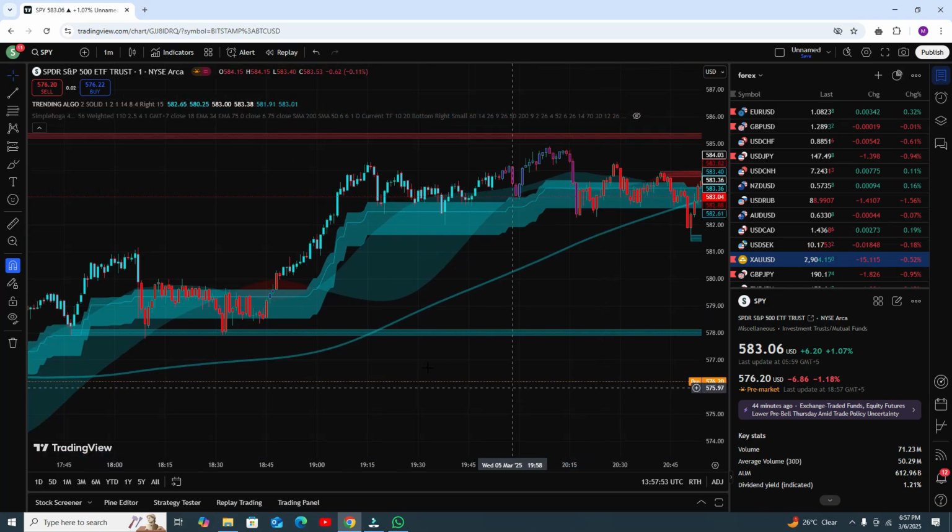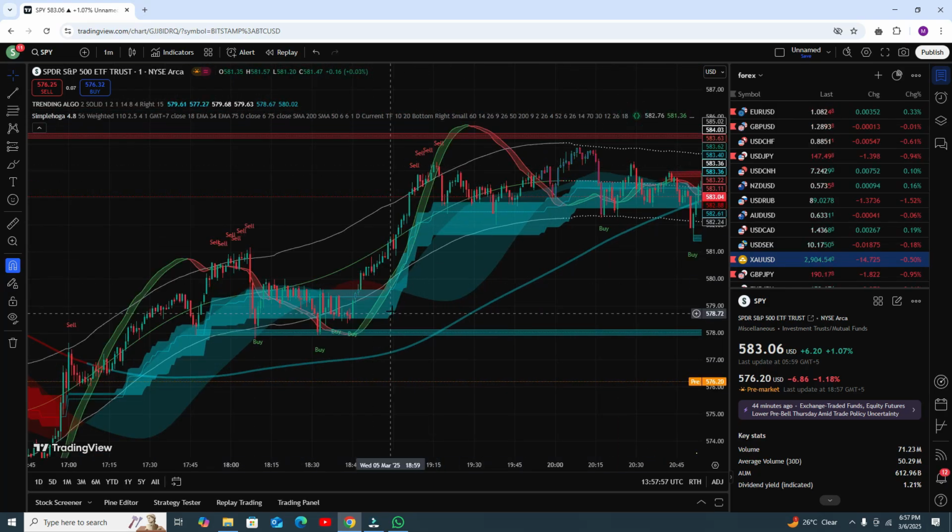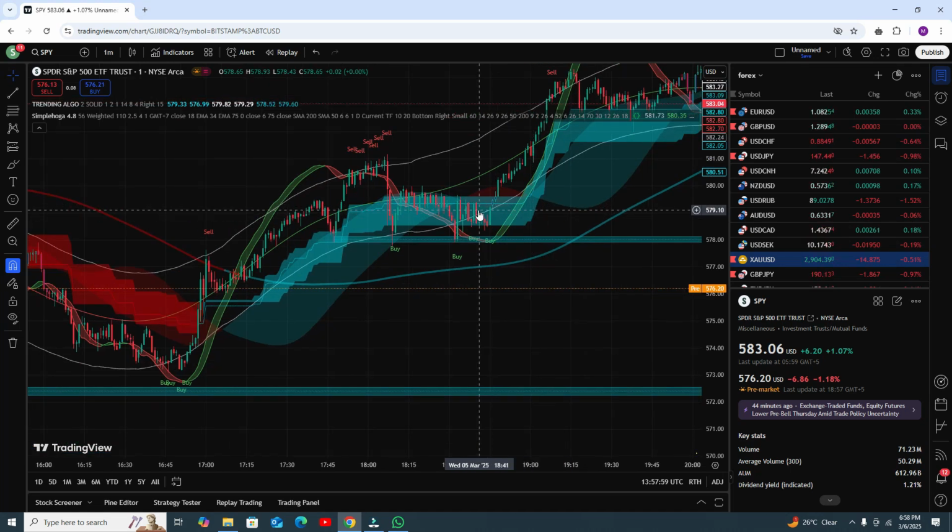Now we need to discuss strong buy and sell areas. When the trend line is blue and the trending clouds are blue, you need to follow the buy signal, but remember the RSI should be below the lower band line. That is a strong buy signal.